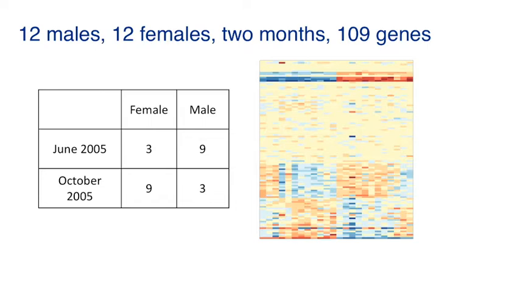Can you tell where the males and the females are, and what chromosome is where? Can you see something, or maybe I'll give you some hints. So here are the females, and here are the males. What chromosome is that?